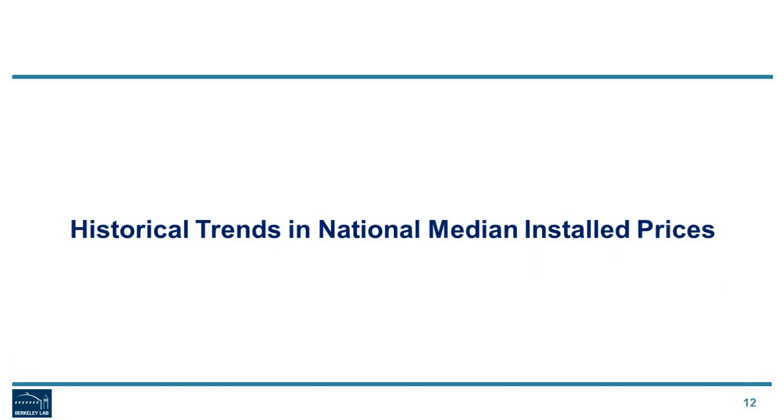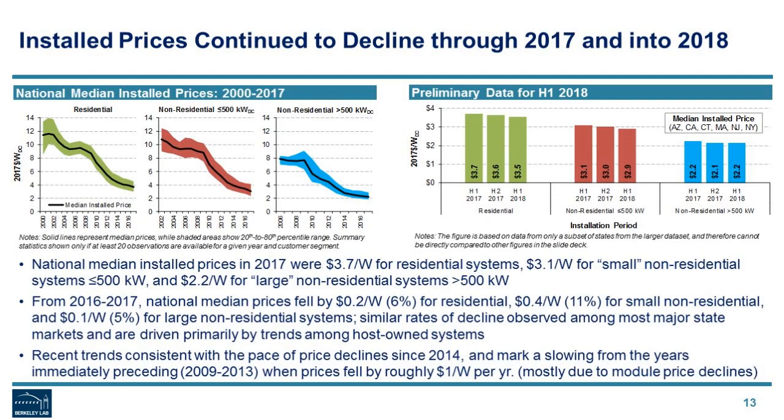So now we get to really the core of the analysis and delve into some of the installed pricing trends, looking first at how national median prices have evolved over time. On the left here are the long-term pricing trends through the end of last year. And you can see there just how much prices have fallen over the past 17 years.